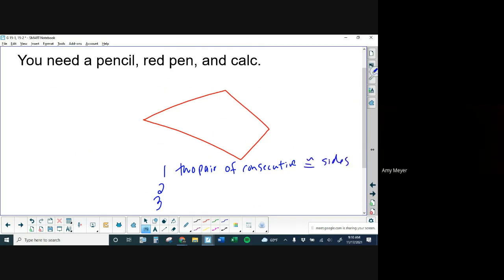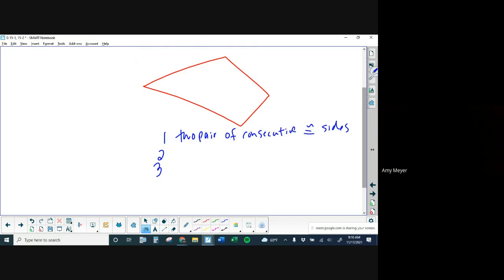I'll explain what that means. 2 pair of consecutive congruent sides. Consecutive means next to. So if I say 3, 4, 5, what's the next consecutive number? 6 is what's near it. So let's maybe make a note under consecutive. It means next to.